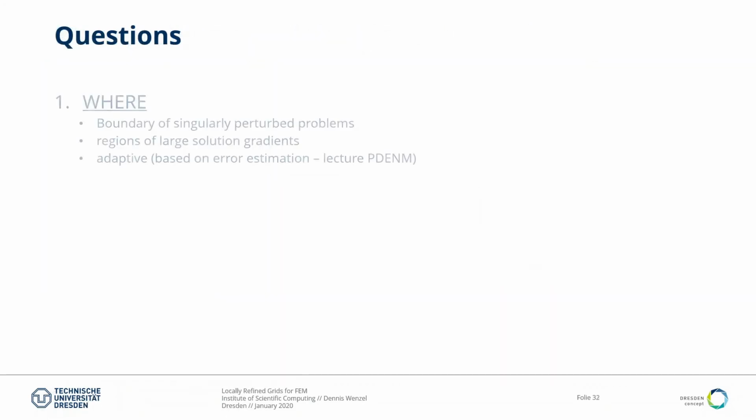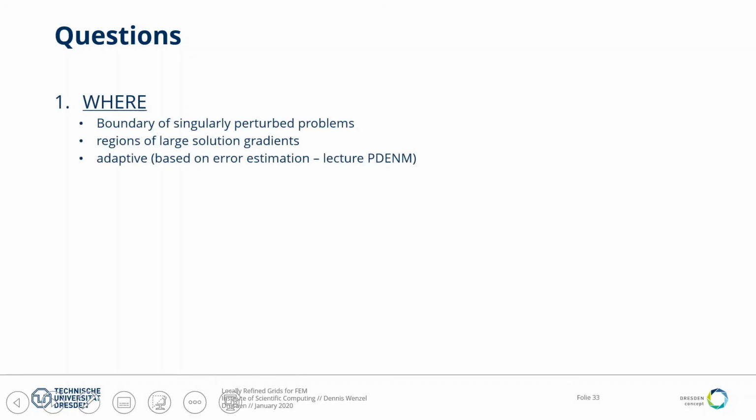So some open questions here. The first question is where to refine. We have seen examples, for one, the boundary of singularly perturbed problems where we had steep descents. Also regions of large solution gradients in general, like those in the phase field Allen-Cahn method that you've just seen. But it's also possible to create adaptive schemes, and we're not talking about this here.